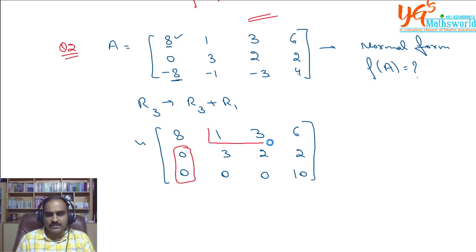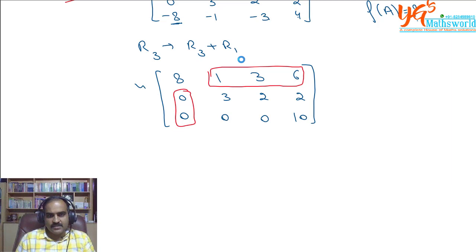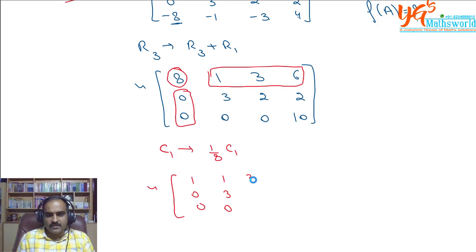Now I need to make these terms as 0. But before that, I divide this value 8 by 8 so that it will become 1. So for column C1, 1 by 8 of C1 makes it 1 0 0, 1 3 0, 3 2 and 0, 6 2 and 10.